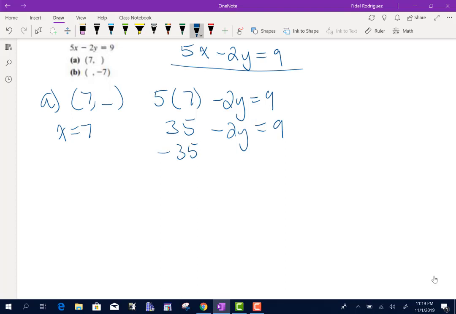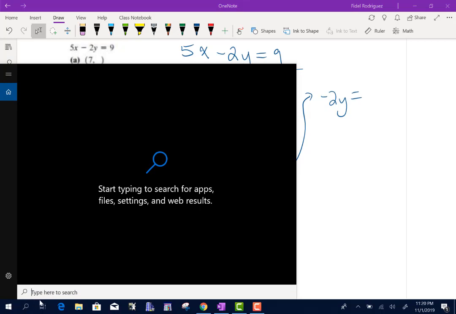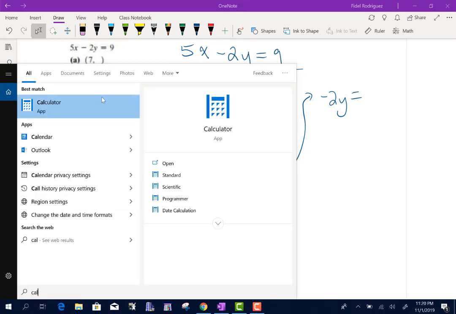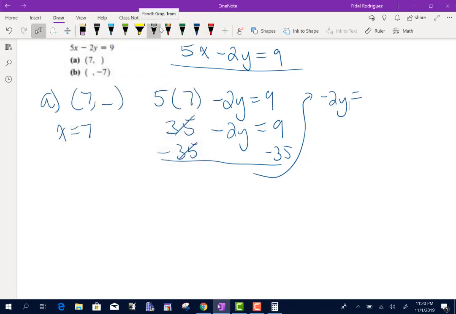So now I need to go minus 35 on both sides. I'm trying to solve for y. I'm going to write over here because I want to make sure I have enough room. Negative 2y equals, let me grab my calculator. 9 minus 35 is negative 26.